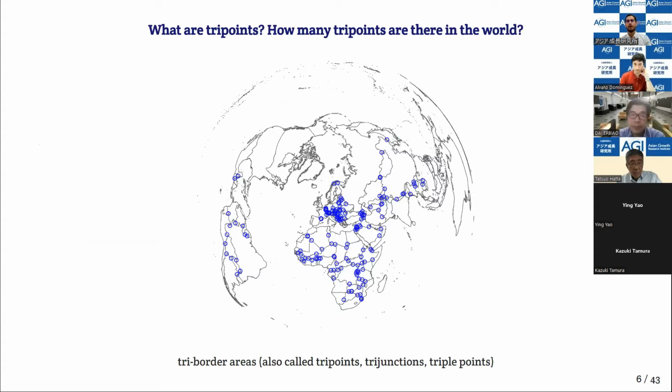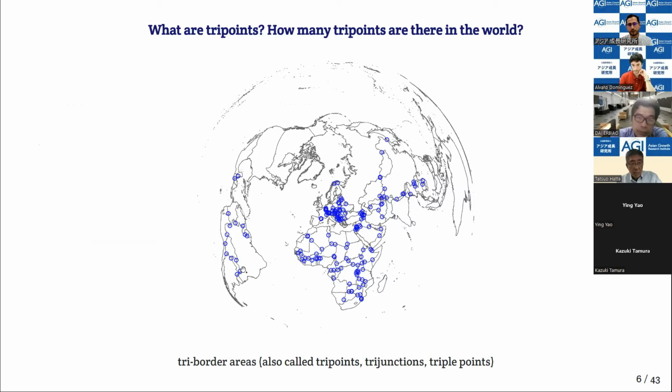So here, we're going to focus on 3 points. Now, what are 3 points? 3 points are the points where the borders of 3 countries meet. So, for example, sorry, can anybody please confirm if you can see my pointer on the screen? Yes? Great, thank you. So, for example, the pointer, I have it here in South America.